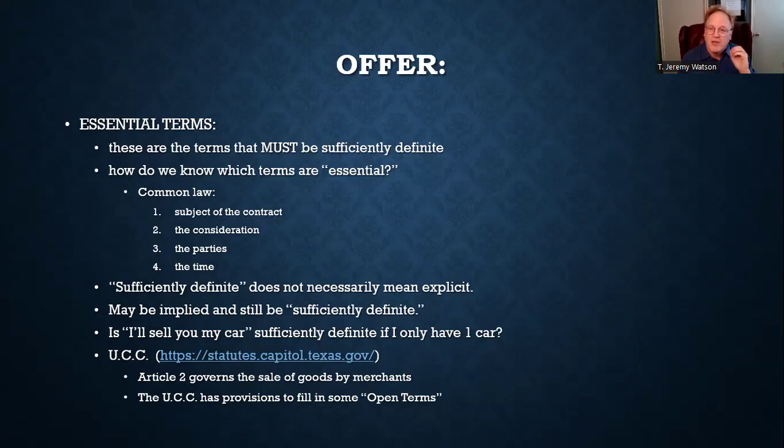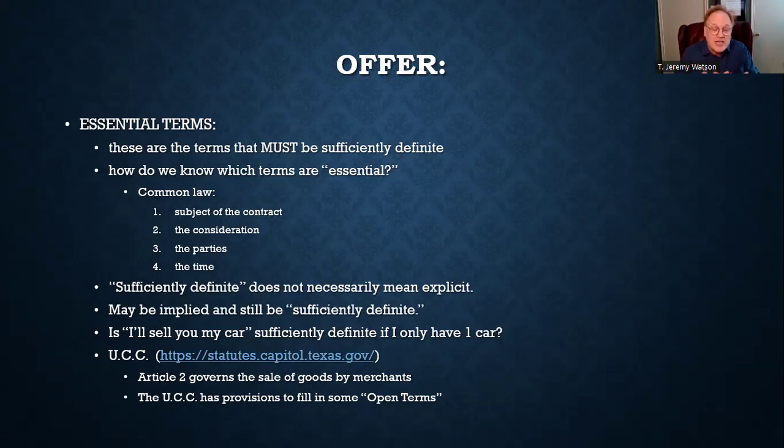But understand that under the common law, there's 4 essential terms to an offer, 4 essential terms for it to be sufficiently definite so that the offeree can understand what they're being offered and so that they can accept it and form a contract. Those 4 essential elements are the subject of the contract, the consideration, the parties, and the time. But occasionally, the court will allow those terms, they may not have to be explicit, right?